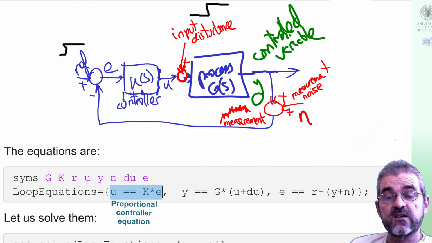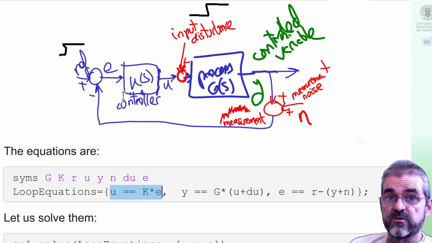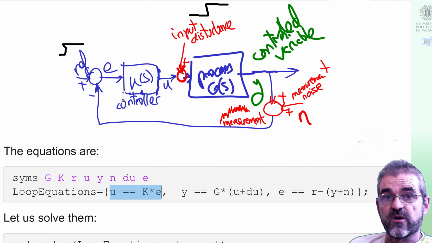Remember that we are actually manipulating differential equations, but if we work in the Laplace domain, transfer function representation, then those manipulations get transformed to algebraic operations: summing, multiplying, dividing. So the controller is a multiplication like this.